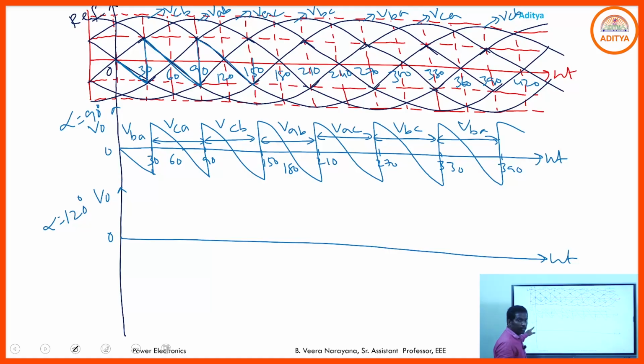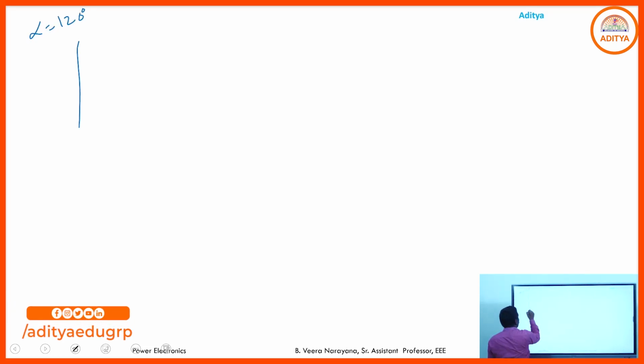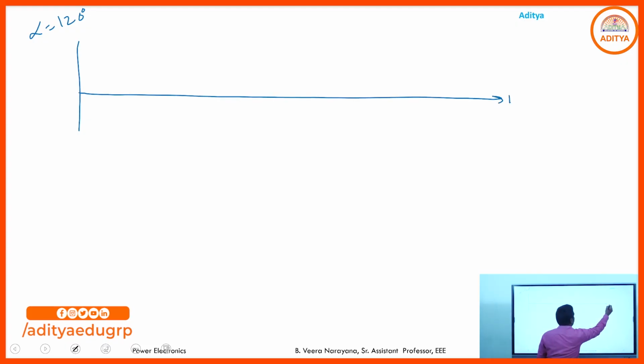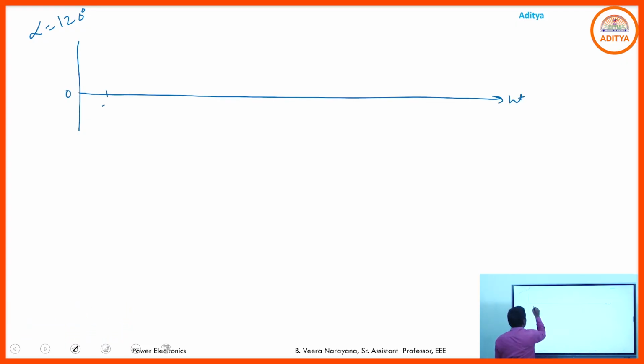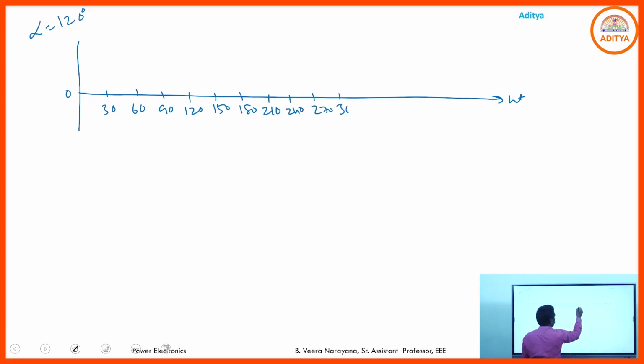So for alpha equal to 120, now I want to draw the output voltage waveform. For that, first you draw the timing diagram for alpha equal to 120 degrees. Just draw the timing diagram. If you choose alpha equal to 120, then where does T1 come to the on state?